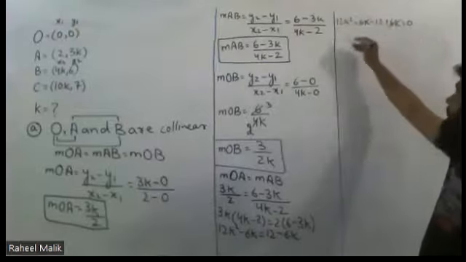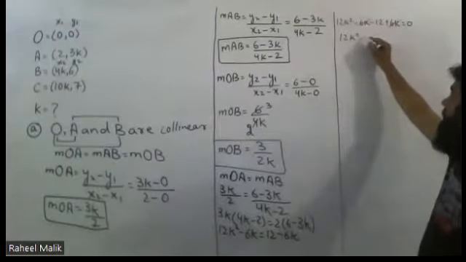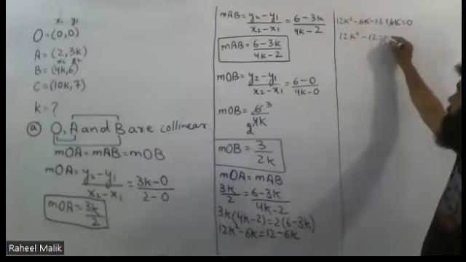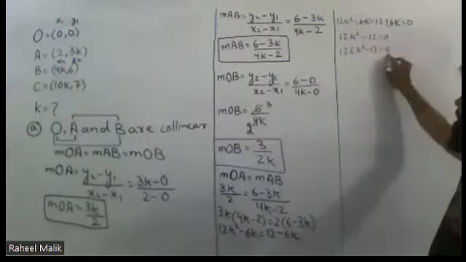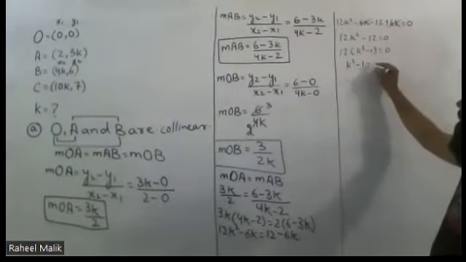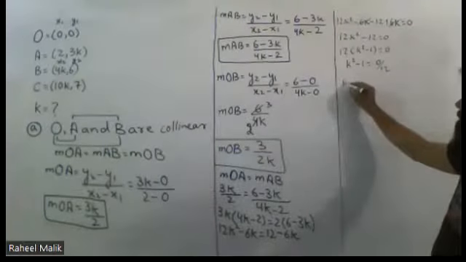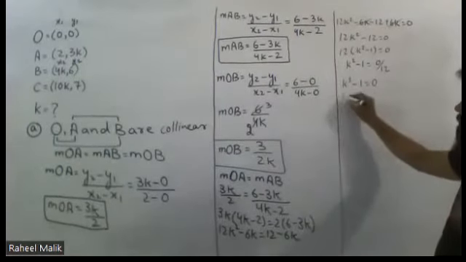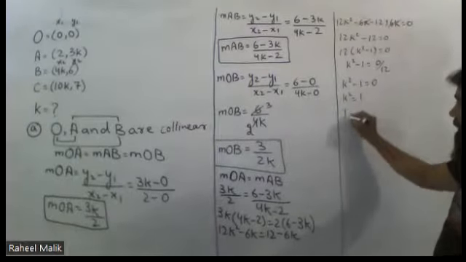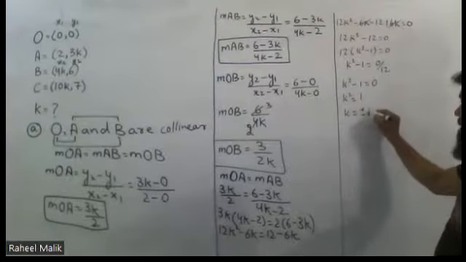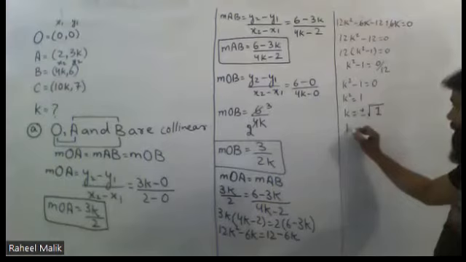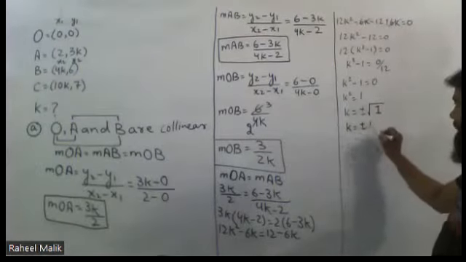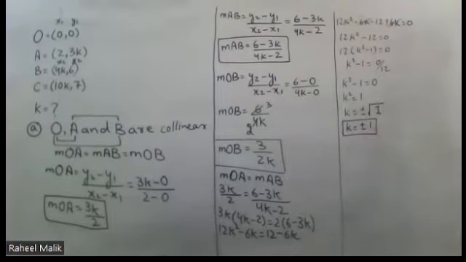Minus 6k plus 6k cancel, leaving 12k square minus 12 equals 0. Taking 12 common: k square minus 1 equals 0, since 0 over 12 is 0. So k square equals 1. Taking the root, k equals plus minus 1. That's your final answer: the result of k is plus minus 1.